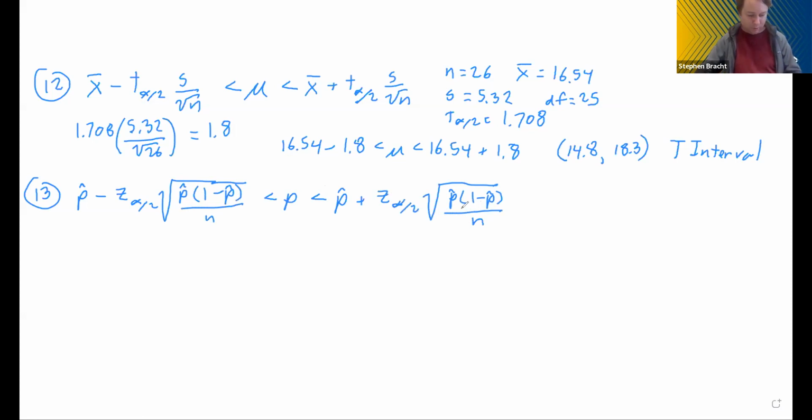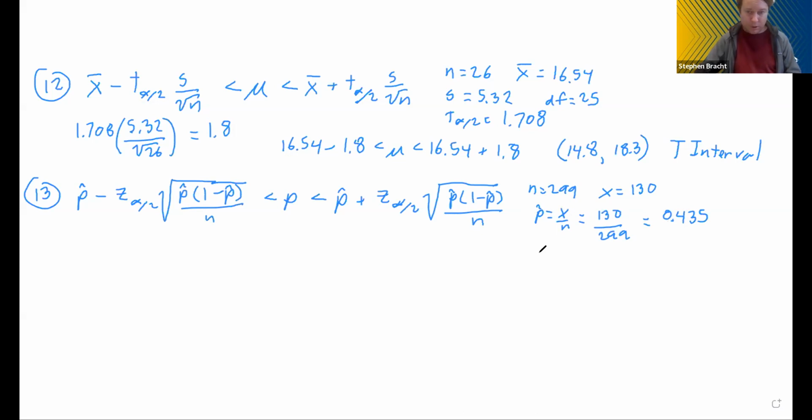Okay. So what's given? The sample size is given, 299. My x value is given as 130. So that means p hat is equal to x over n, or 130 over 299, which equals 0.435.